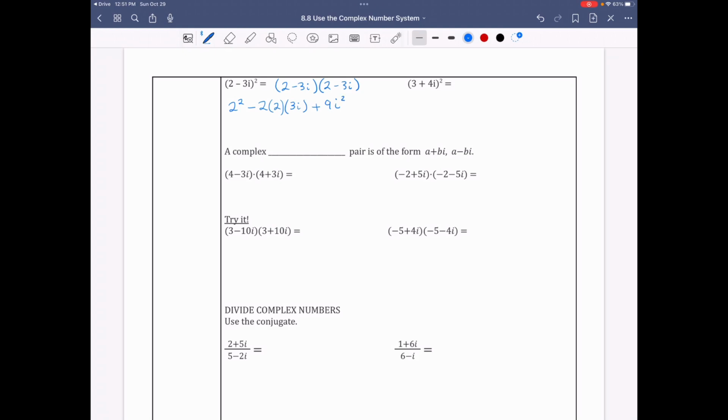Simplifying, we get 4 minus 12i plus 9, but instead of i squared, I'm going to put negative 1. So 4 and negative 9 are like terms. That's negative 5 minus 12i.